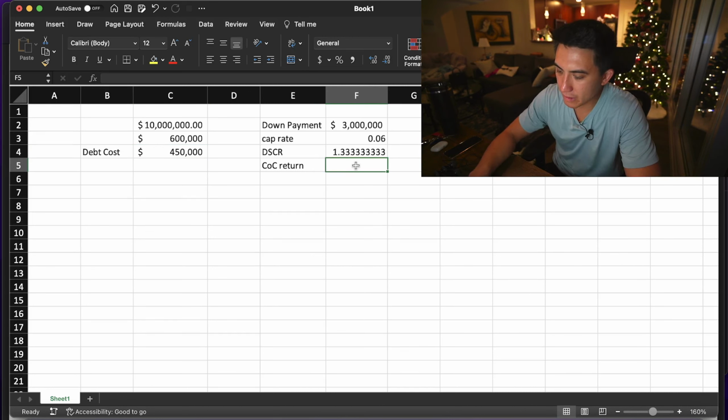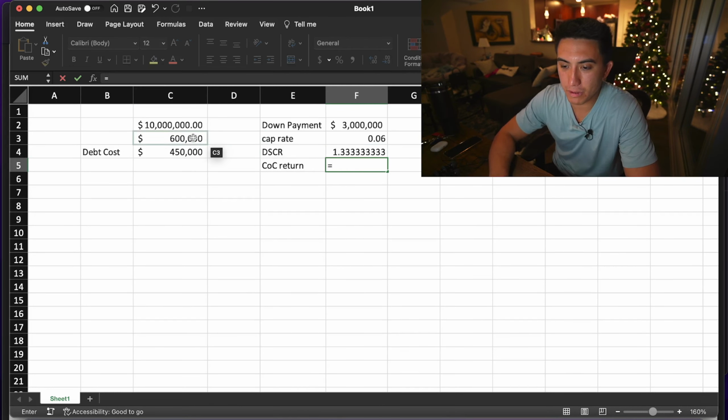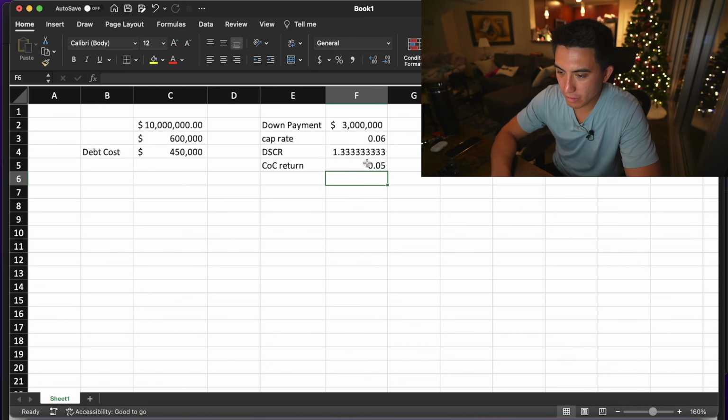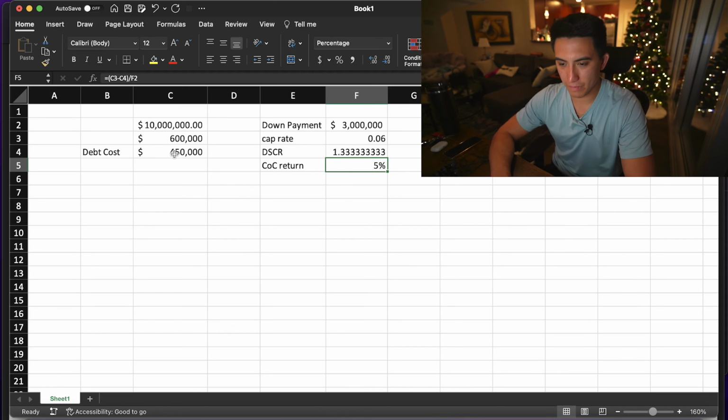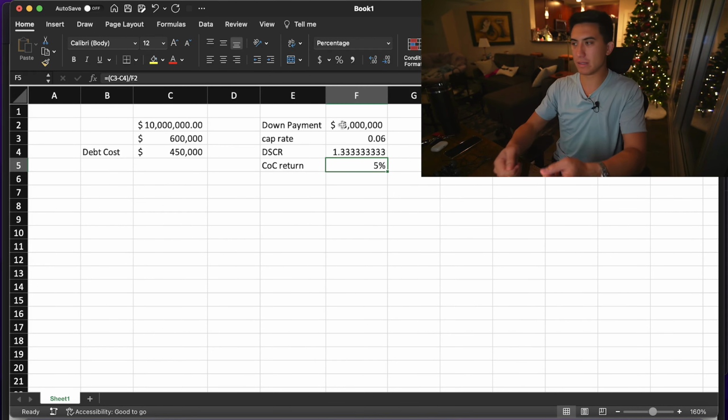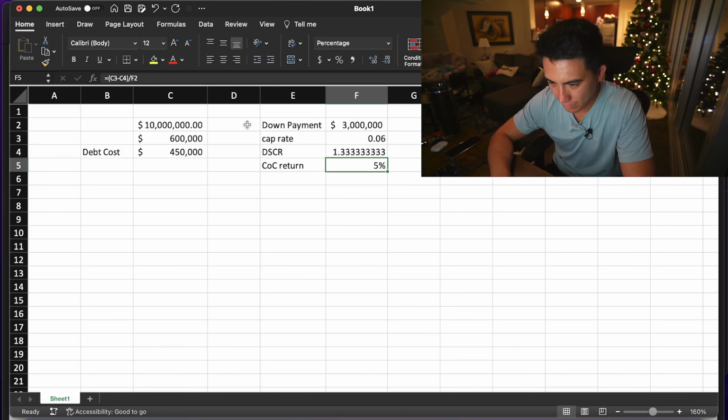So this is just going to equal the difference between this minus this, divided by your down payment to get a return. So we have a 5% cash on cash return, because 150,000, the net cash flow after debt service, is a 5% return on your 3 million actually invested. So that's how you calculate cash on cash returns.